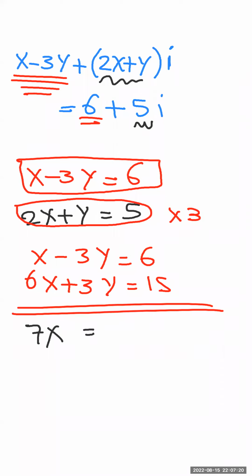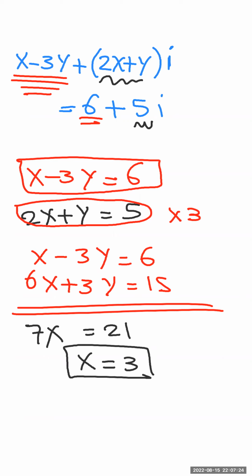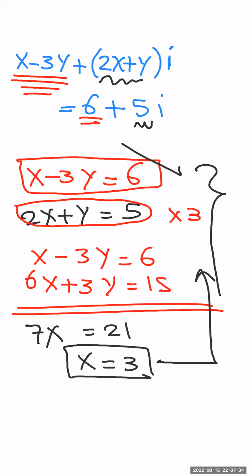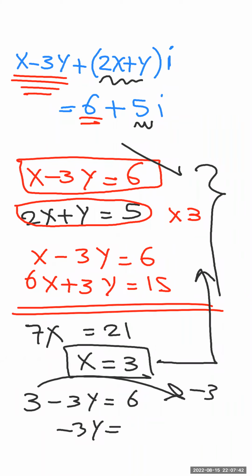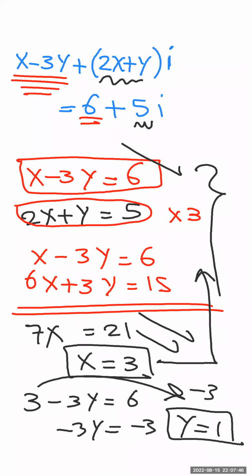Then 6 plus 15, 21. Now x equals 3. Substitute this value in any of these equations so that you can get y. The first one, for example, 3 minus 3y equals 6. Now, -3y equals, shift this one here, -3 minus 3y equals 1. I'm done. This is x, this is y.